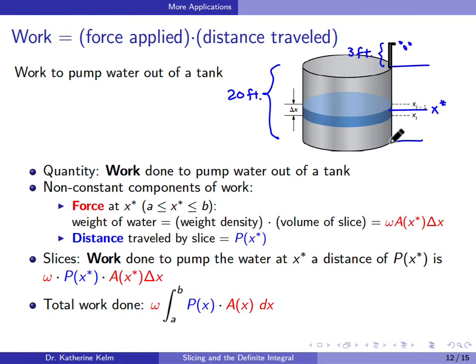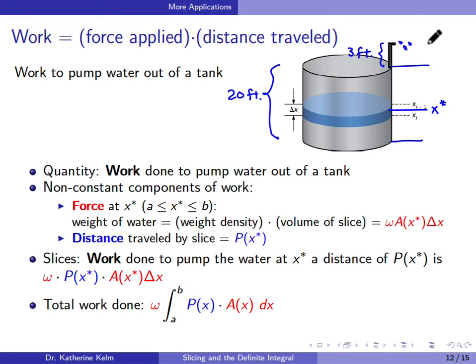Another possible choice is we could let 0 be at the bottom of the tank, and then at the top of the tank would be 20, and then at the top of where the pump is, that would be 23.